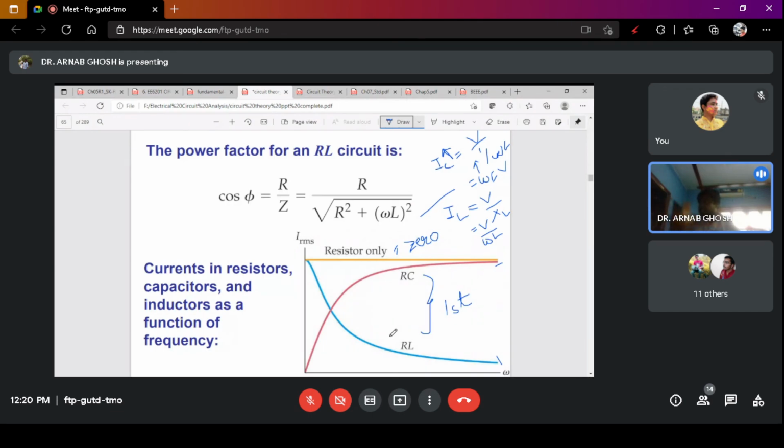So as the frequency is changing, the current is also changing. From here you see IL and omega have an inverse relation, so as omega is increasing, IL is decreasing, and IC and omega have a direct relation, so as omega is increasing, IC is also increasing. This is why you get an increasing curve for RC and a decreasing curve for RL.